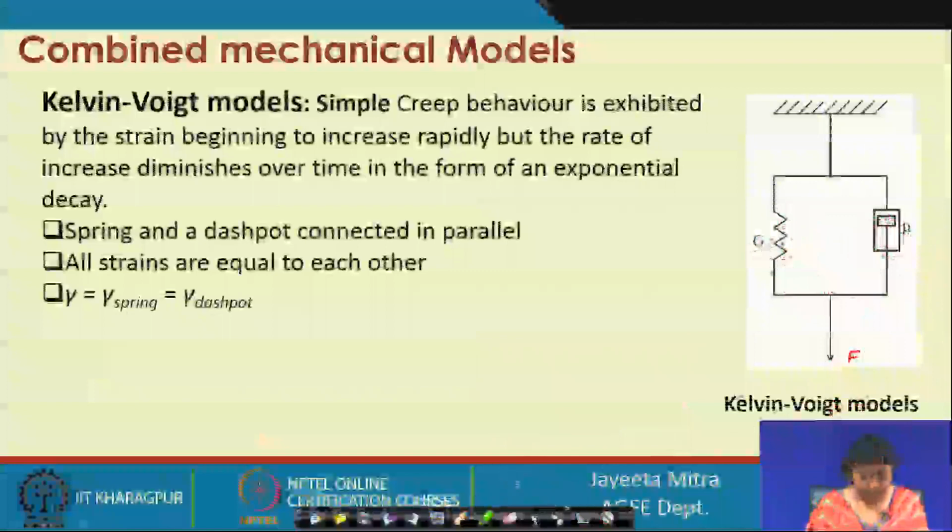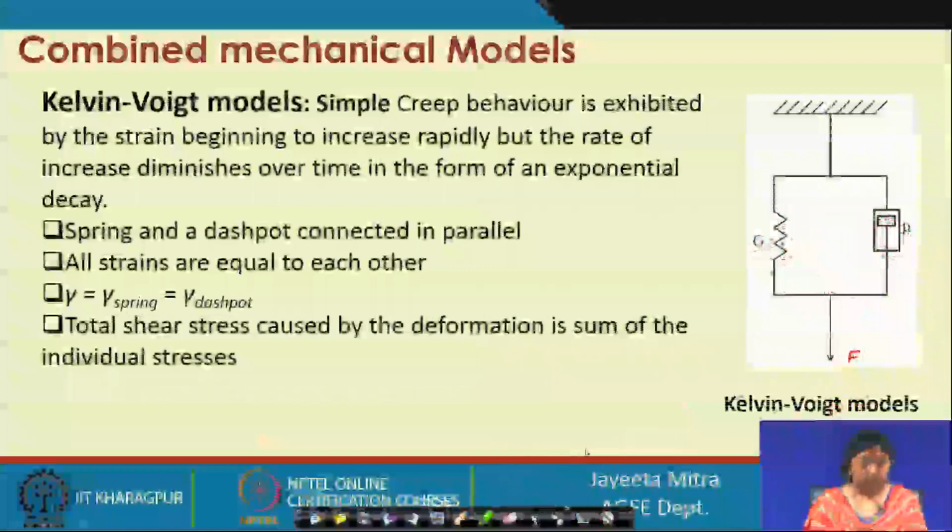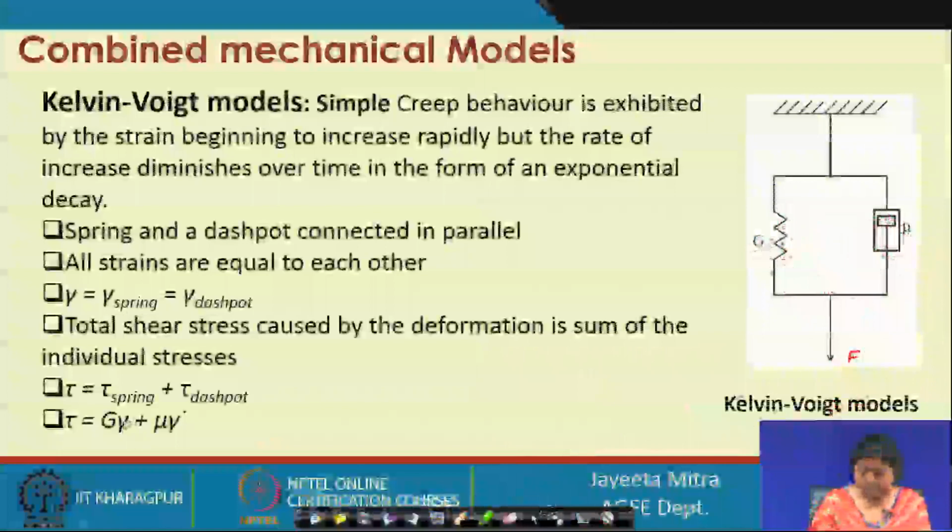And the total shear stress caused by the deformation is the sum of the individual stresses. So, tau will be tau spring plus tau dashpot. Tau spring can be signified by spring constant G into strain gamma. However, in the dashpot the stress will be mu into gamma dot.